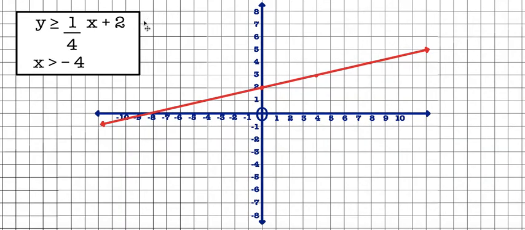And so once I have my line, I'm going to see which region I should shade, so if I should shade above or below this line. And again, the easiest coordinate that we could use is 0, 0. So using 0, 0, we're going to substitute in for x and y.